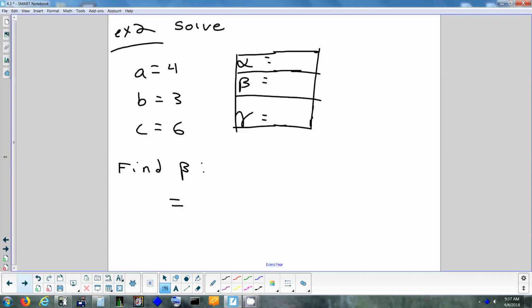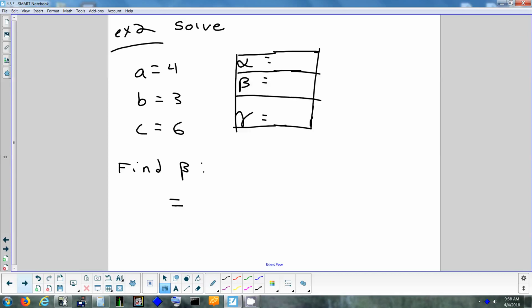Sine. So we got to use law of cosines here because we don't have a complete row. I didn't really mention that in this one, but again, there's no complete row, so we have to use law of cosines.